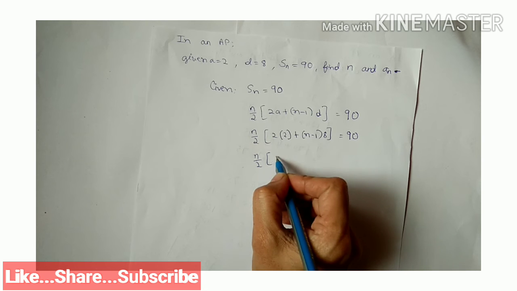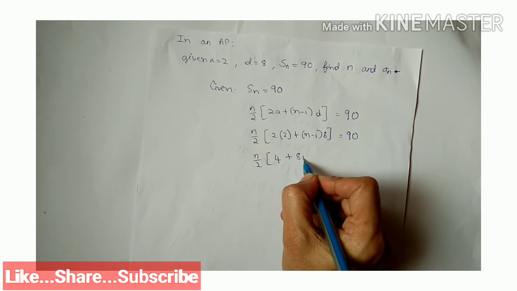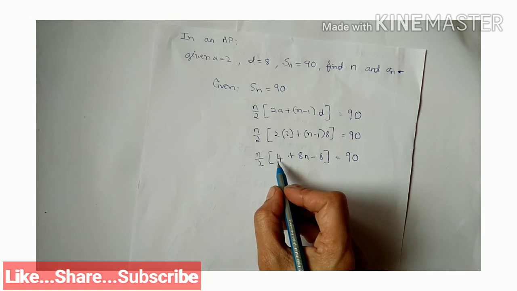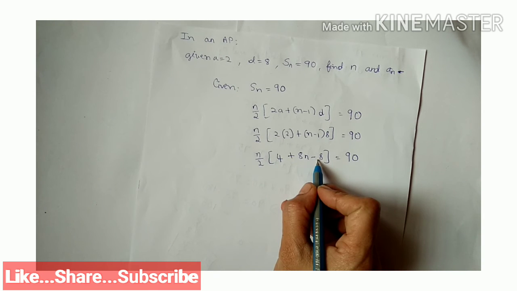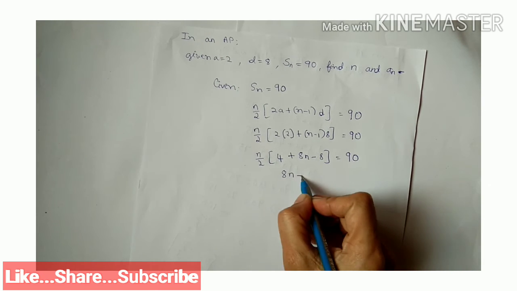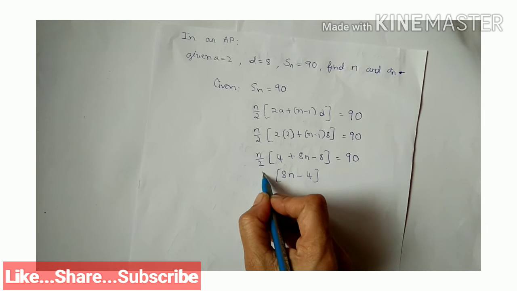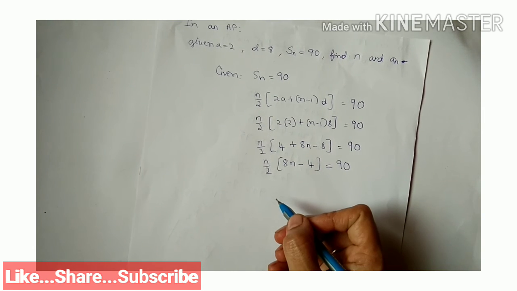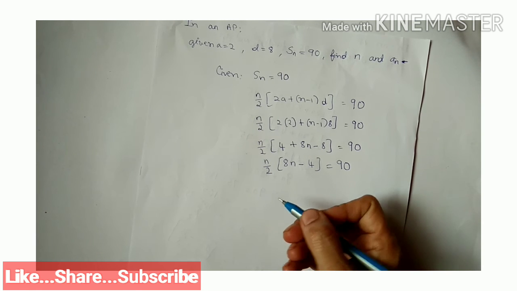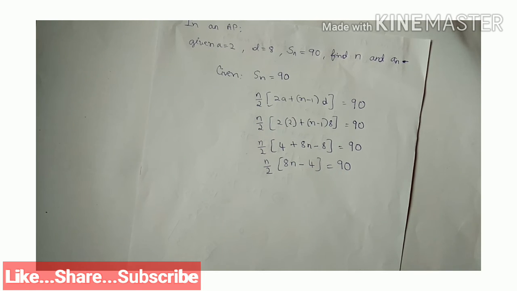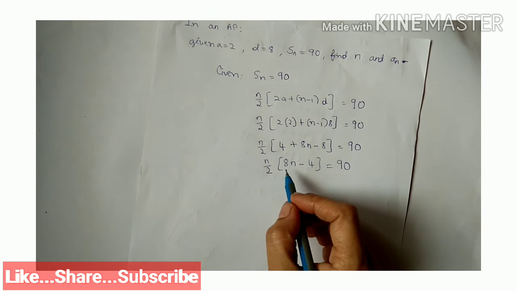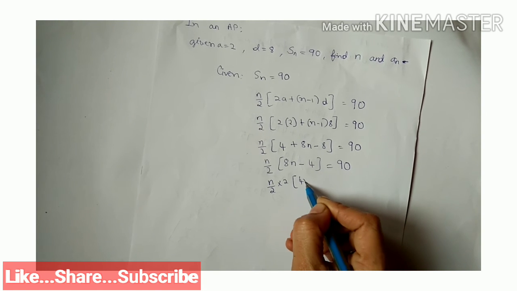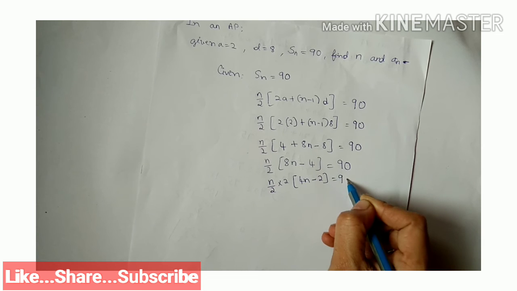Here 2 2s are 4 plus 8n minus 8 is equal to 90. 8n plus 4 minus 8, n by 2 is equal to 90. Here take 2 outside, n by 2, 4n minus 2 is equal to 90.